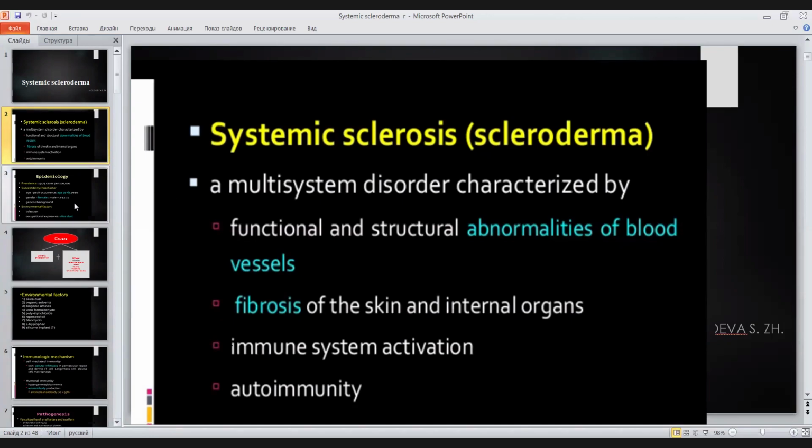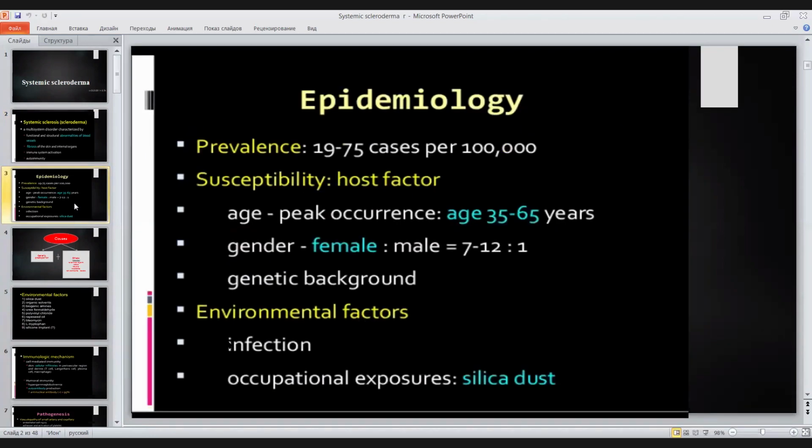Now, what will be in epidemiology? 75 cases per 100,000 of the whole population. Females are more affected, as usual in rheumatological disease, except gout arthritis and ankylosing spondylitis.